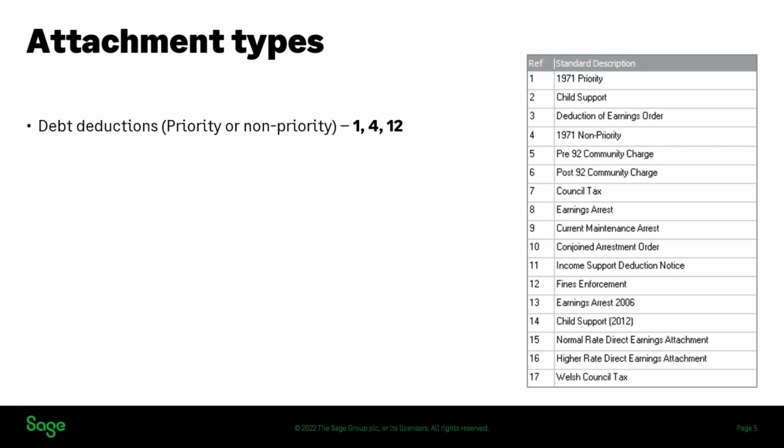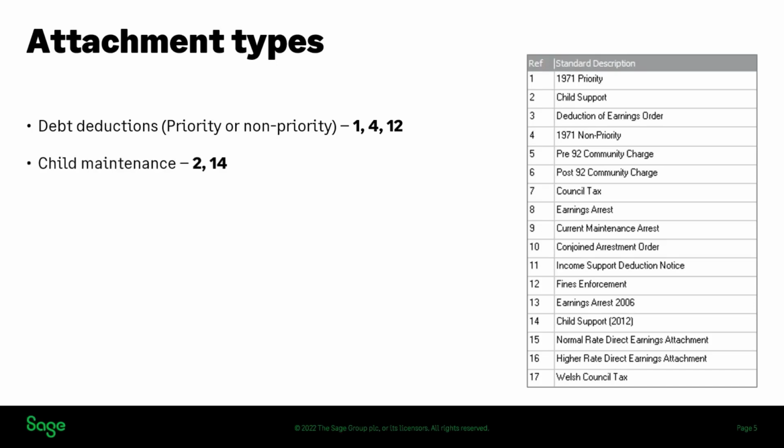So that's what the numbers mean on this slide. That's the 1971 priority, 1971 non-priority, or fines enforcement categories. The main difference between those is whether or not it carries forward deductions that can't be made due to protected earnings, but we'll come on to that in a little bit more depth as we go through the webinar.